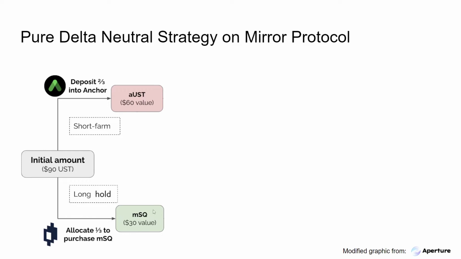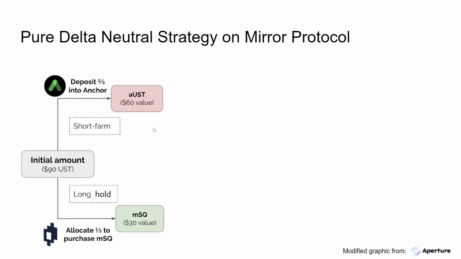I'll immediately buy $30 worth of M Square on Mirror. So the initial step is I've deposited $60 worth of UST on Anchor in order to get back 20% APY. And for my long position, I am buying $30 worth of M Square and just holding it. So this branch of the strategy is the short position, and this branch is the long position.